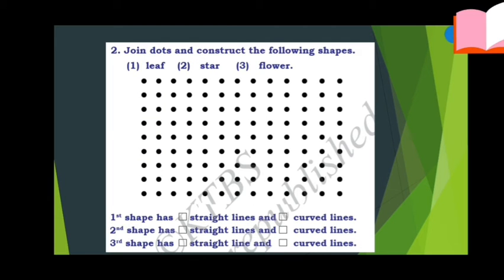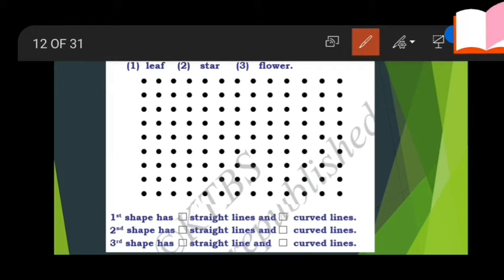The second problem is to join the dots and construct the following shapes. Now what I'm going to do is join the given dots and draw the leaf. See here, I have joined the dots and I have drawn the leaf.